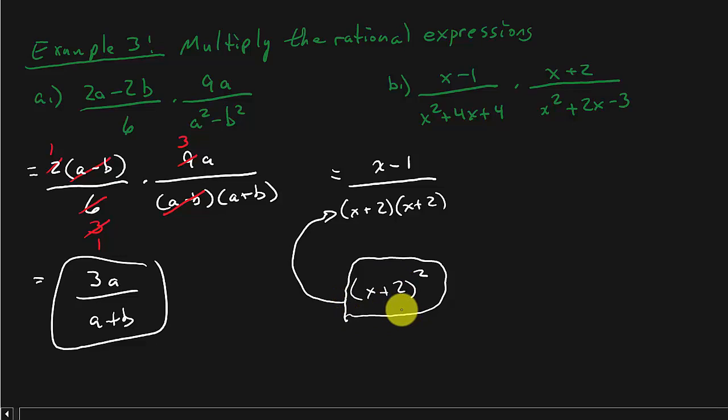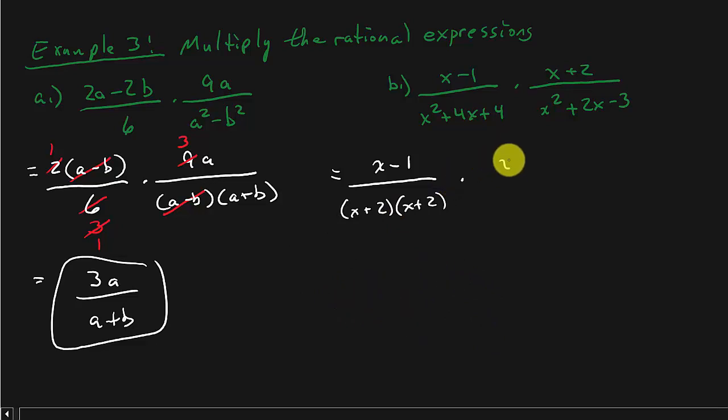But when I'm canceling things, reducing stuff, I like to write it all out because I think it makes it easier to cancel. You're less likely to make a mistake. Okay? And then that's times x plus 2 over x plus 3 times x minus 1.